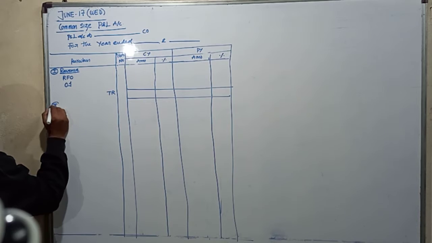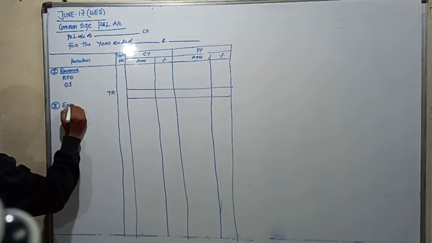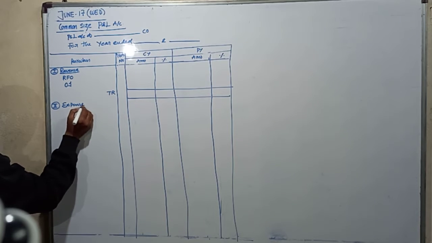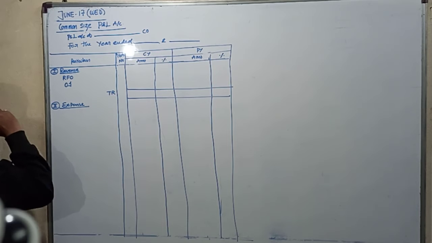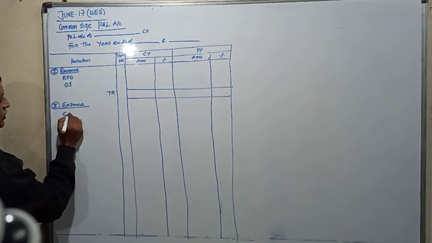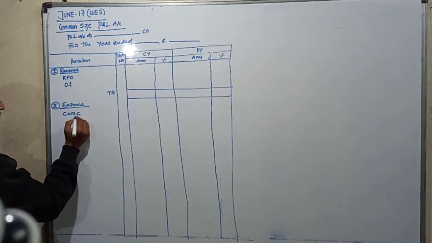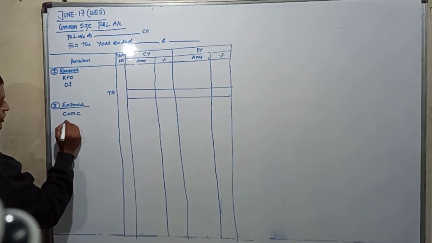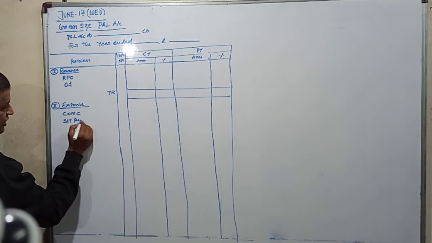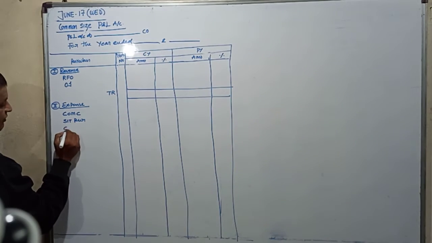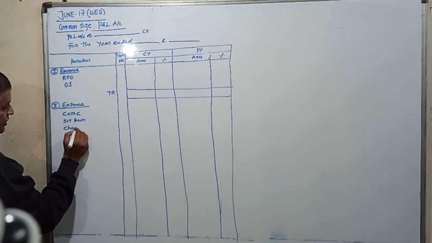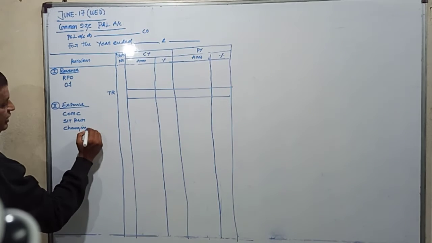Second part, you have expenses. So under that, first you have cost of material consumed. Next you have stock in trade purchased. Next you have change in inventory.